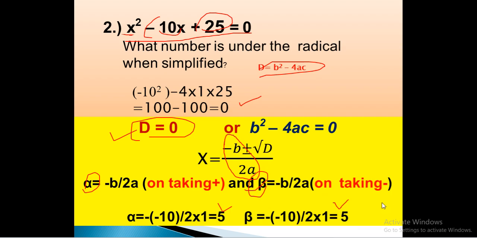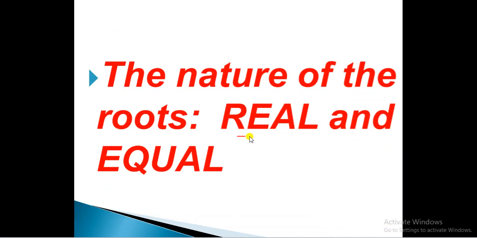No. 5 equal to 5. So we are getting here real and equal roots. So whenever D is equal to 0, the nature of roots will be real and equal in the case of discriminant equal to 0.